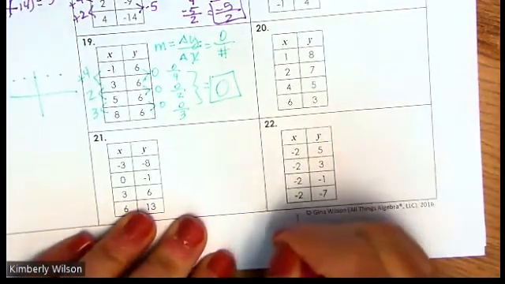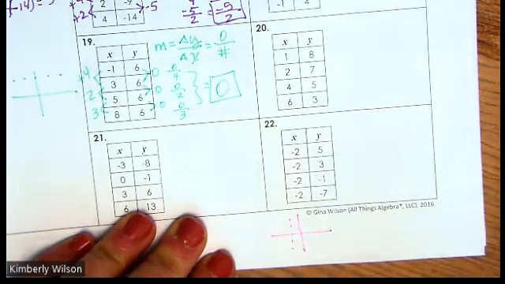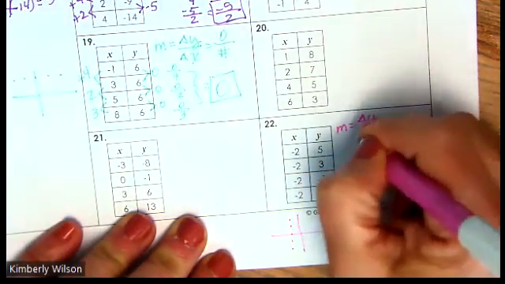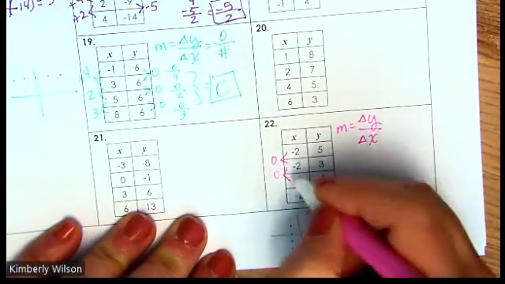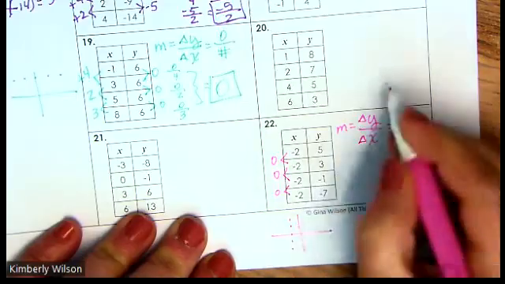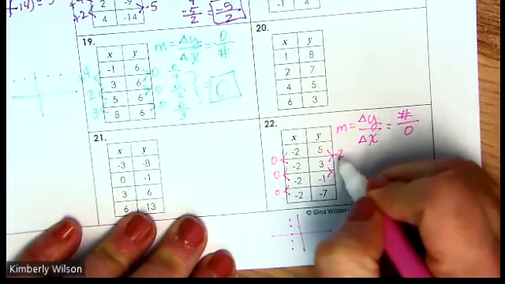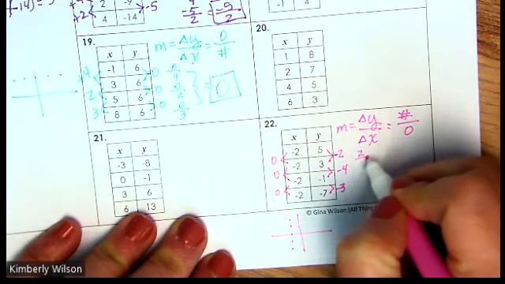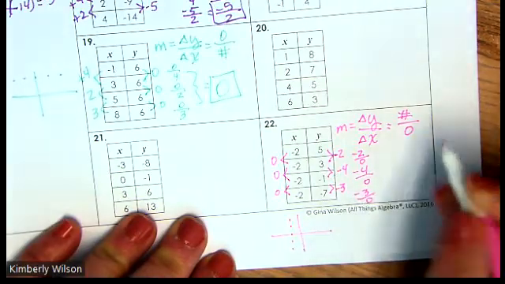So if I think about that graph, that means all of these points would be somewhere over here, making a vertical line, which means when I do my change in y over my change in x, you notice there is no change in the x values, which means that puts the 0 on the denominator, and there's any number of movement, because to go from here to here, I'm going down 2, down 4, down 3, which means it's negative 2 over 0, negative 4 over 0, negative 3 over 0.